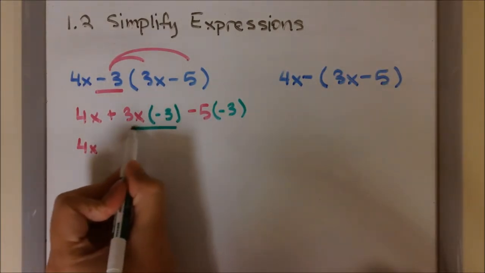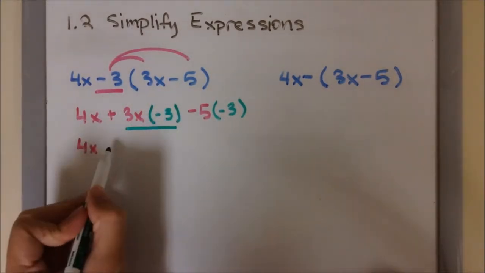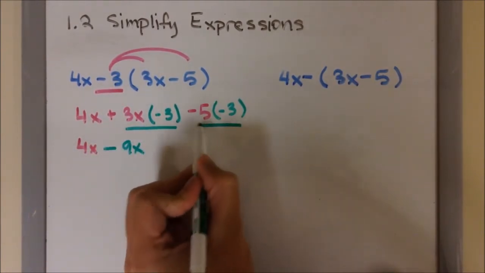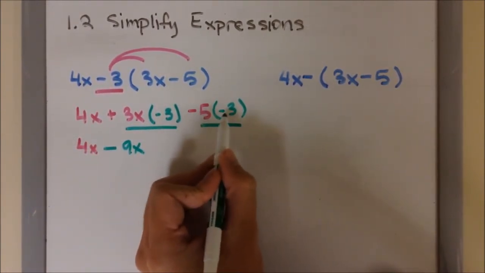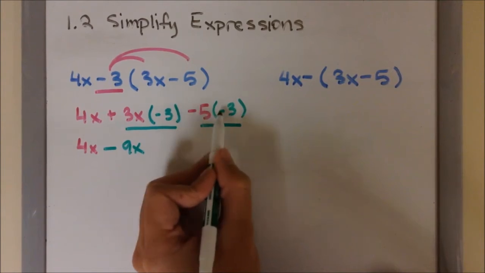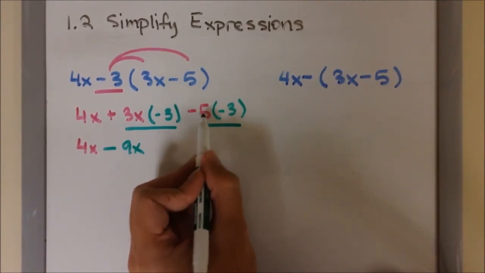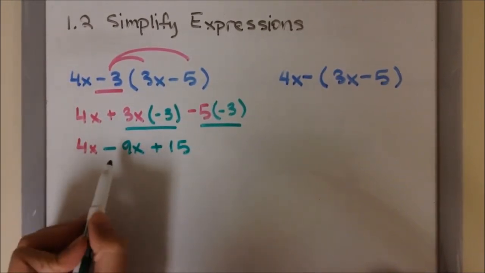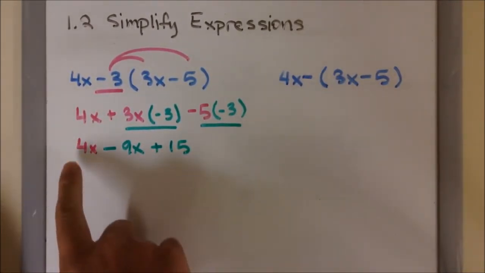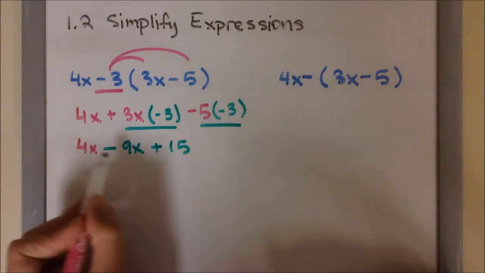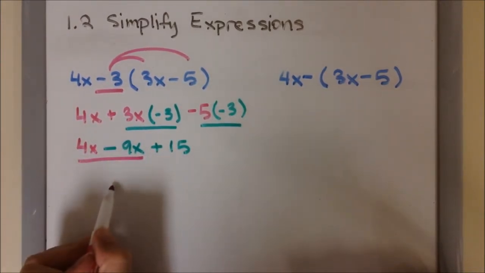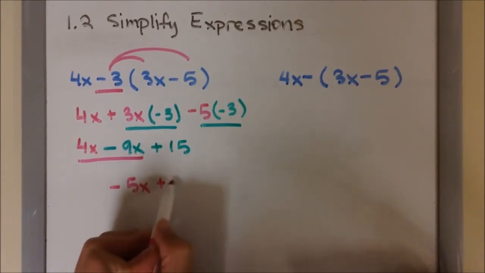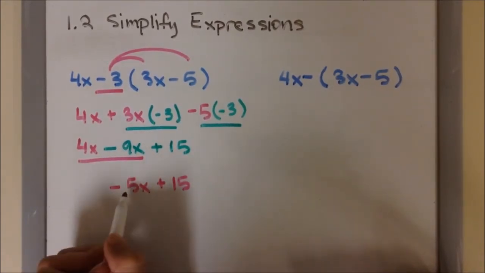This right here, 3x times negative 3, becomes negative 9x. Over here, minus 5 times negative 3, two negatives multiplying, becomes positive 15. And then here, 4x minus 9x would become negative 5x. Plus 15, I bring that down because it's just a regular number.